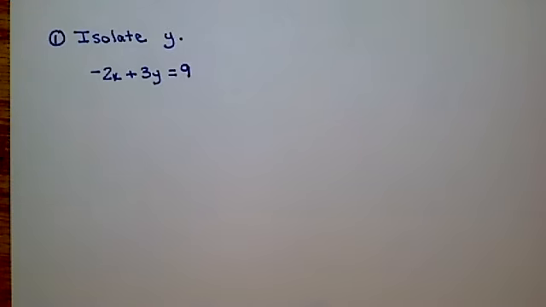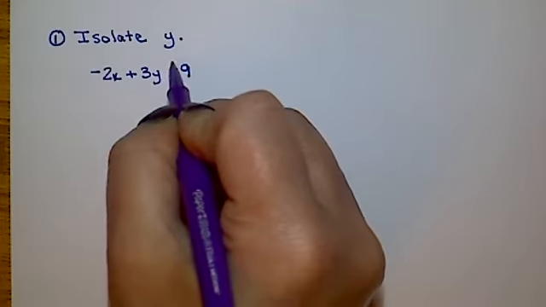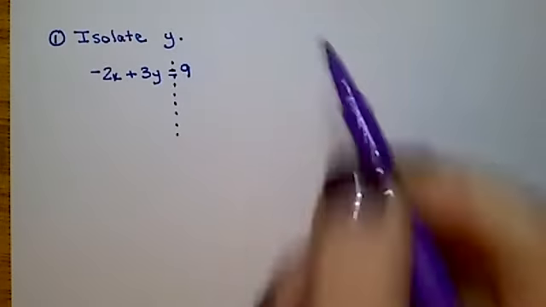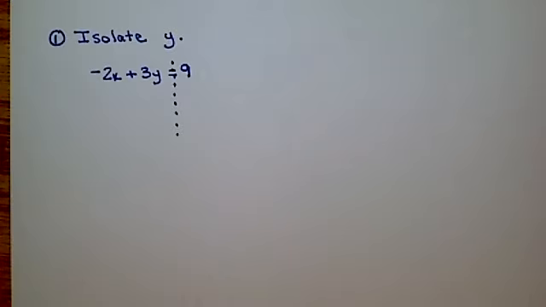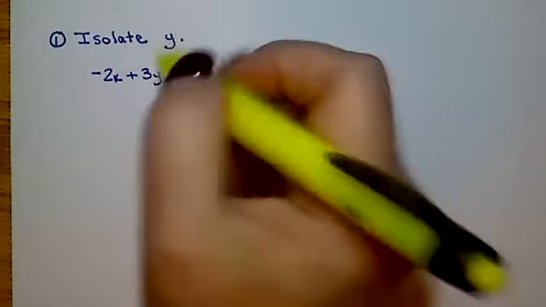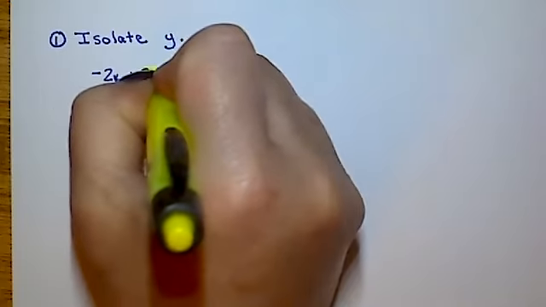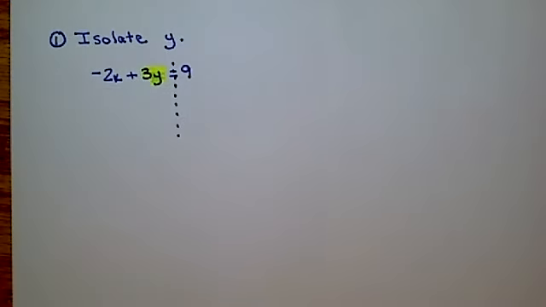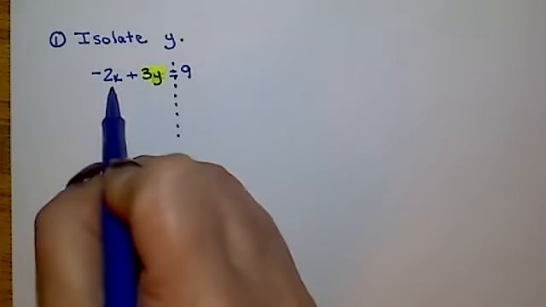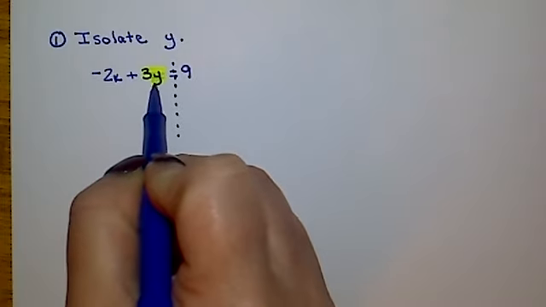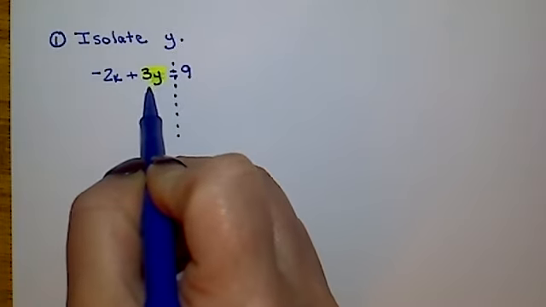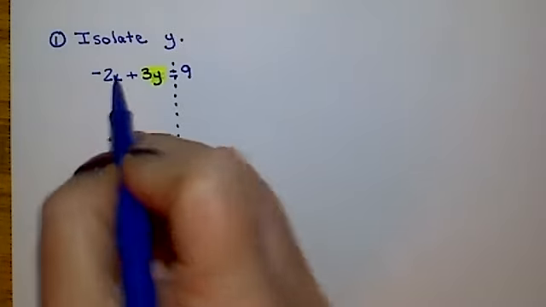Well, recall if you want to get a letter by itself, you only want that letter on its side and everything else on the other side. So the first thing you have to get rid of is anything that's being attached to that letter by addition or subtraction.